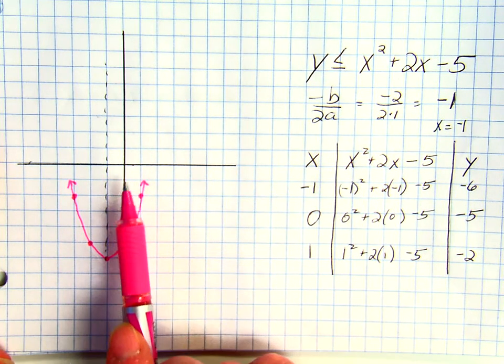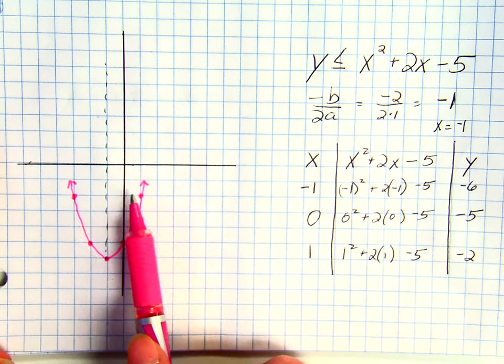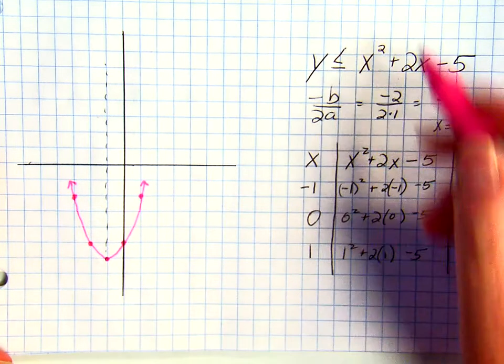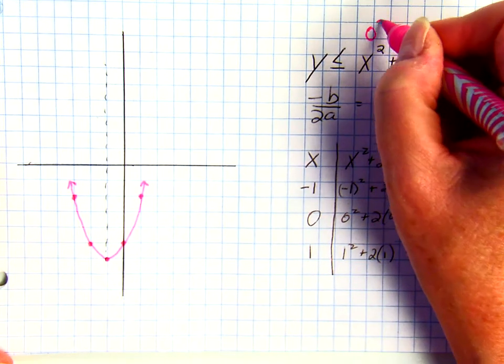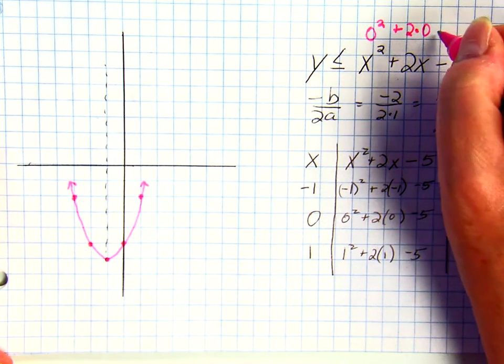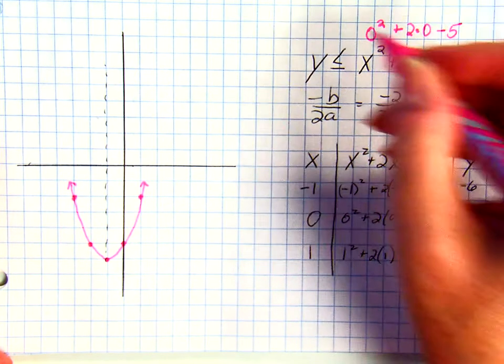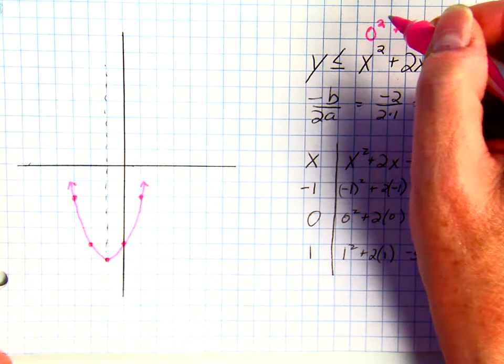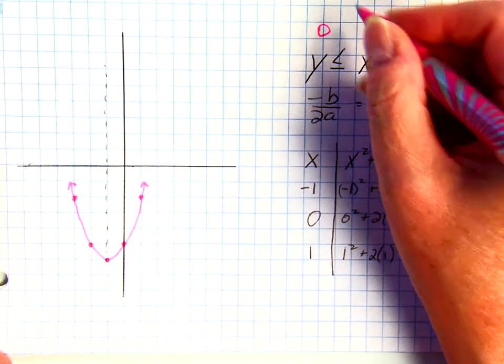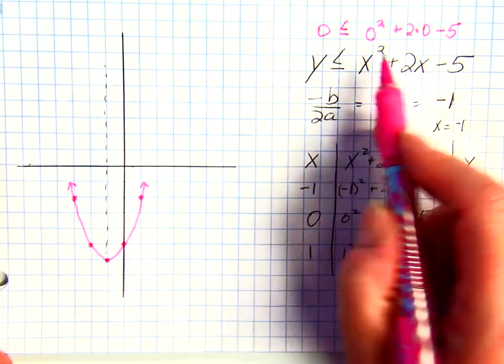Now, the origin 0, 0 is going to be inside my parabola. So I'm going to say 0 squared plus 2 times 0 minus 5, and that's 0, because remember I'm using 0, 0.